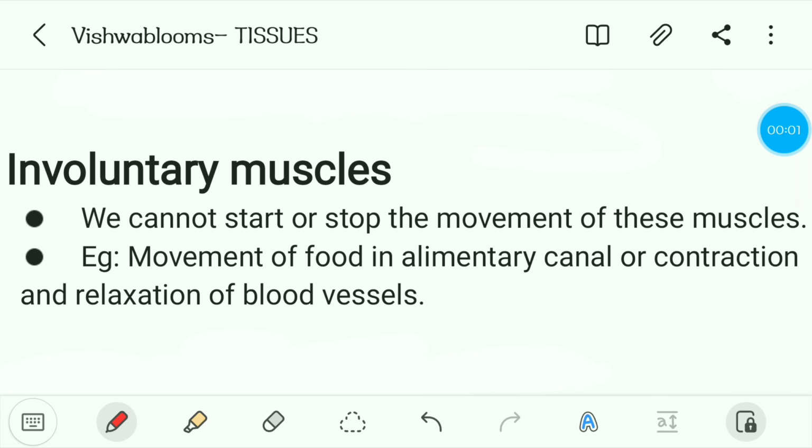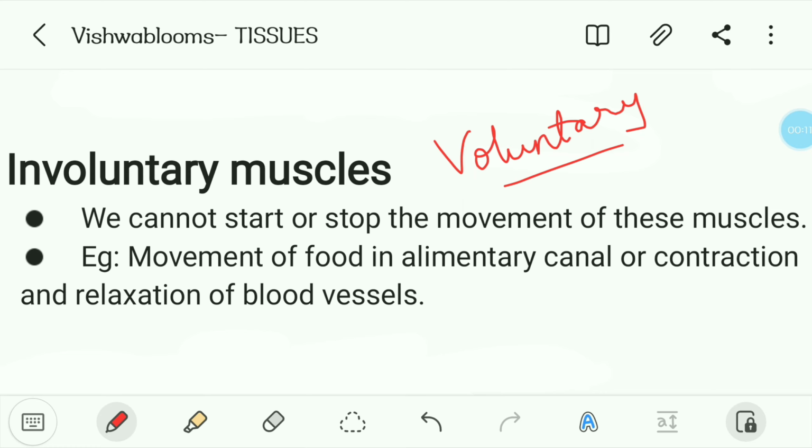Now we will discuss the involuntary muscles. Involuntary muscles are just the opposite of voluntary muscles. Voluntary muscles are in our control, we are able to move them. But involuntary is just the opposite; we can understand it from the prefix. We cannot start or stop the movement of these muscles.